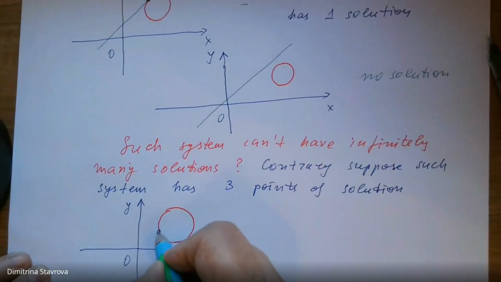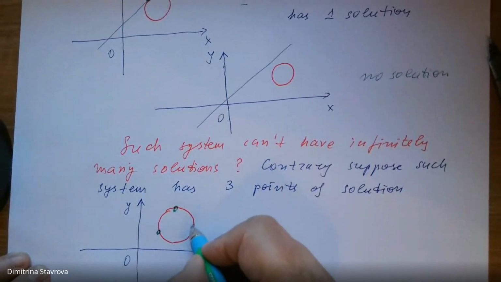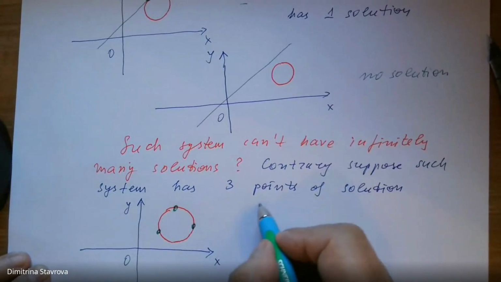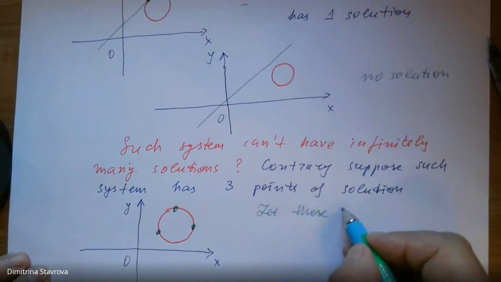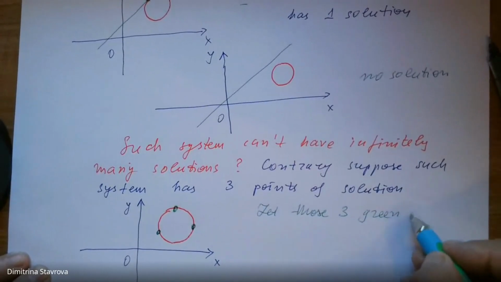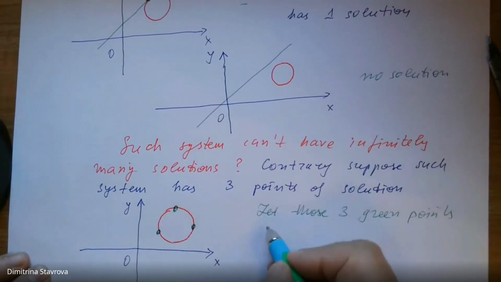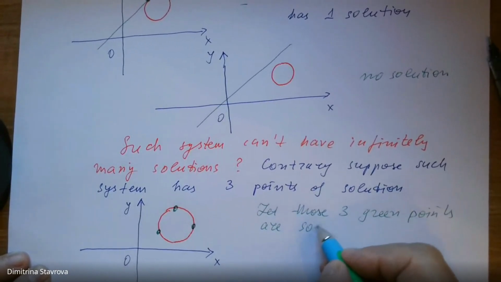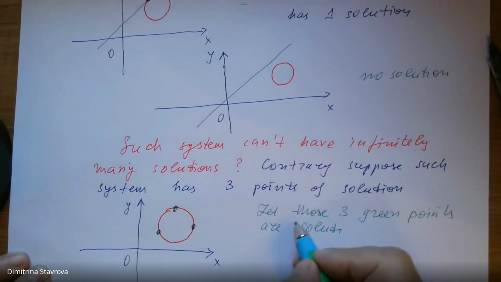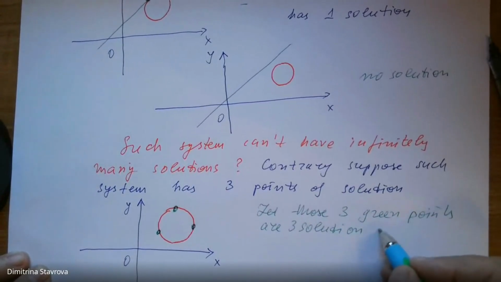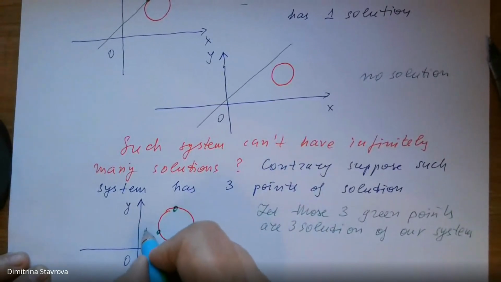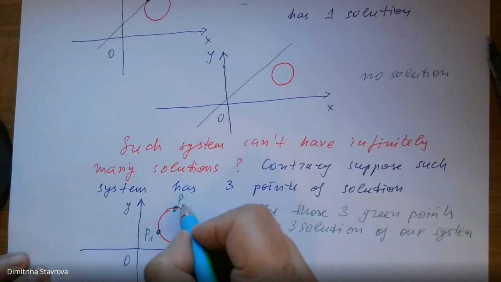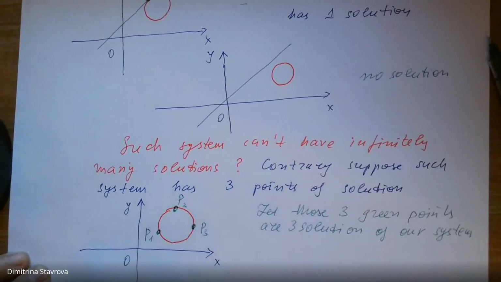So let us have 3 points on this circle, those 3 green points, which are 3 solutions of our system. Let us denote them by P1, P2, P3.